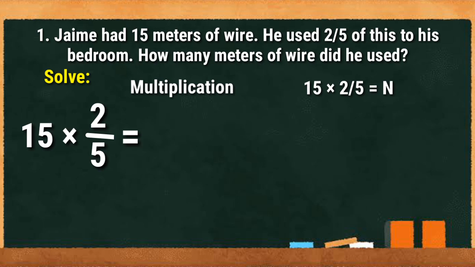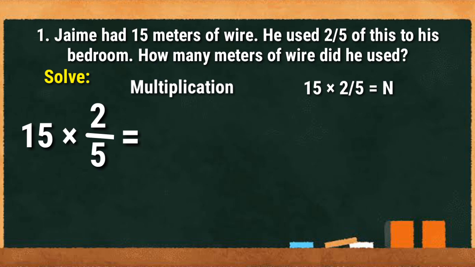Let's recall the rule in multiplying fractions and whole numbers. As we can see here, we will multiply a fraction and a whole number. So what are the steps in multiplying a fraction and a whole number?